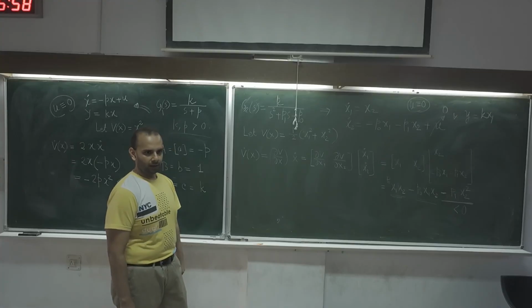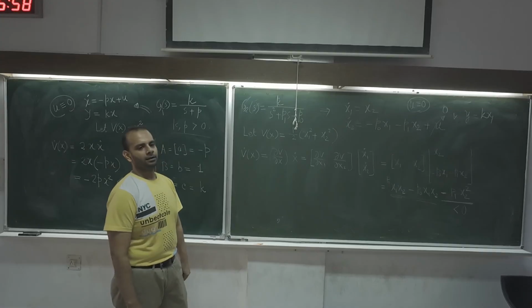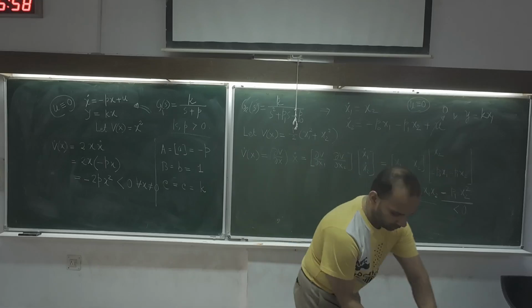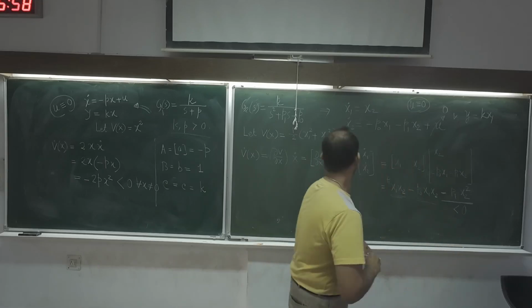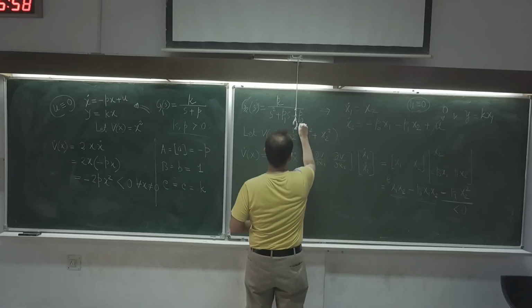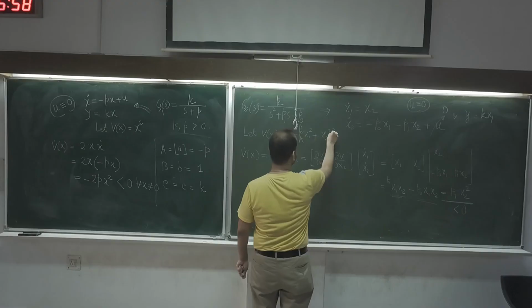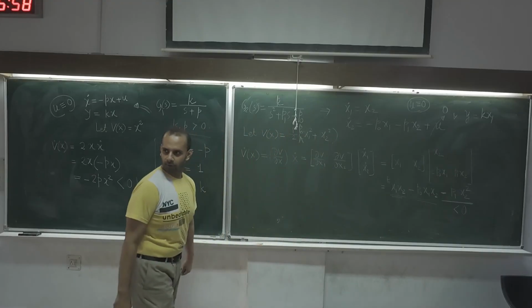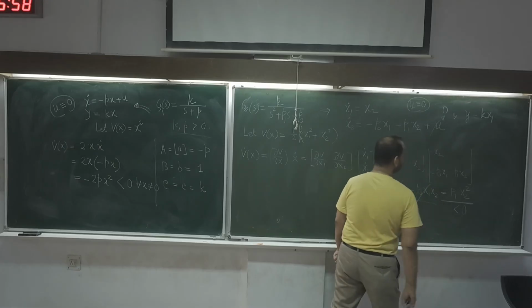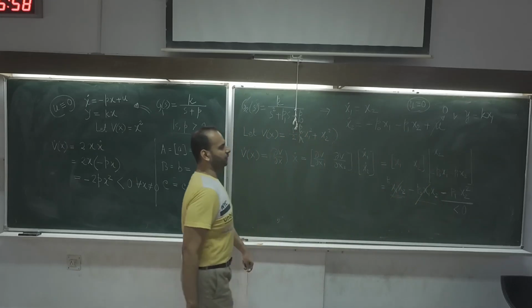So we can take half of p naught x1 square plus x2 square. If it is so, then you will find that these two terms get cancelled and it will be left with minus p1 x2 square.